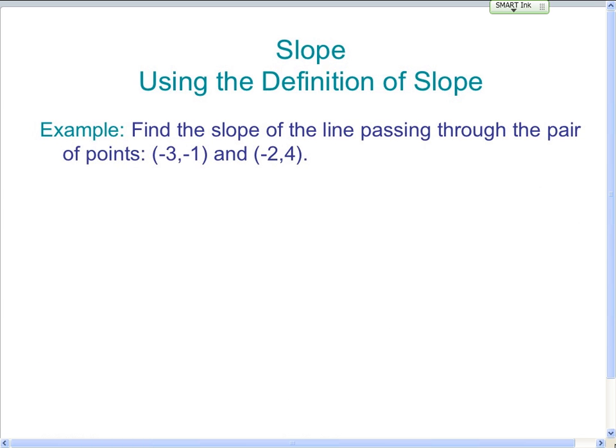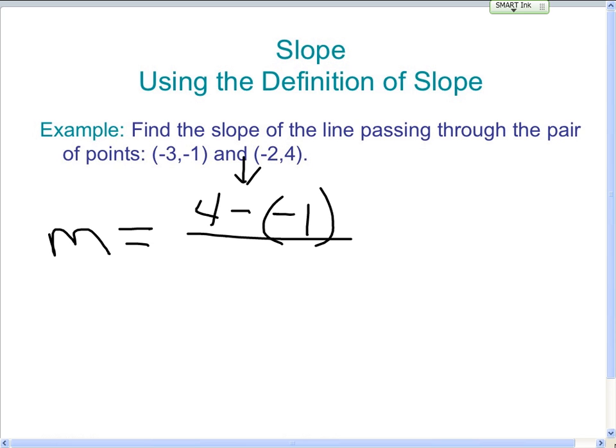Find the slope. If I have 2 points, and it's not on a graph, there's a couple different ways. The quickest way when you get 2 points is to actually use the formula. So I'm going to take my second y value, which is 4, subtract my first y value, which is -1. Make sure you have the subtract, make sure you have the negative. You need both of them. On the bottom, I'm going to take my x's.